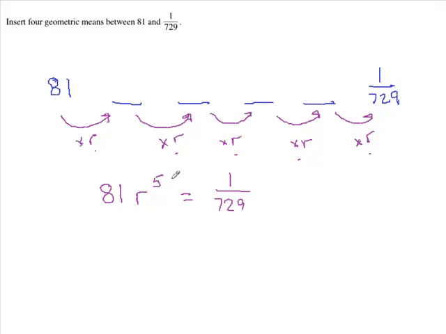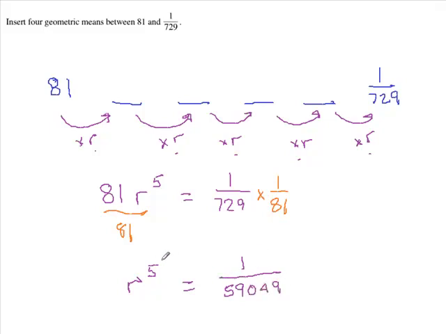Well, that's not a beautiful equation, but it is something we can solve probably. If we want to isolate r, we divide both sides by 81, or here I'll go times 1 over 81 to keep the fraction from getting really uncivilized. So we get r to the 5th equals 1 over 729 times 81, which is 1/59,049.